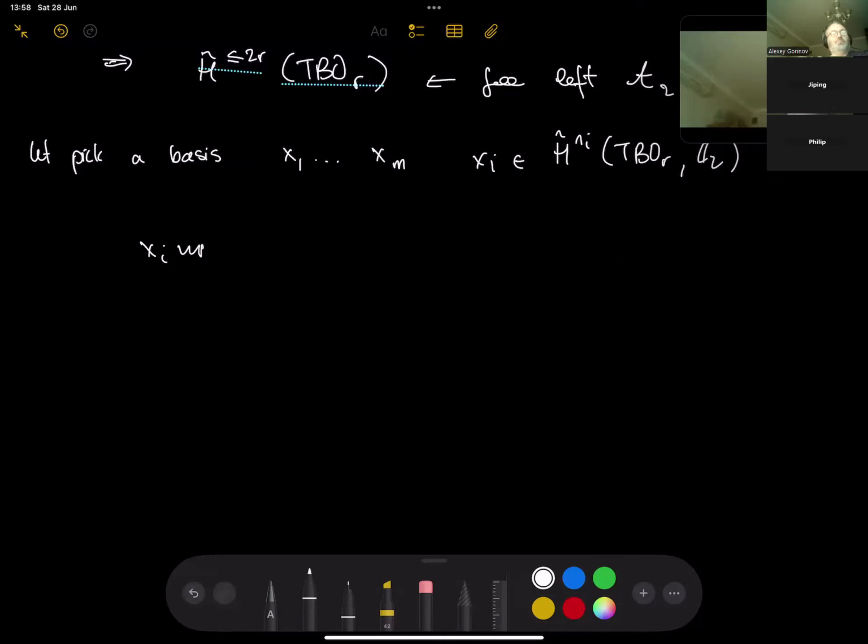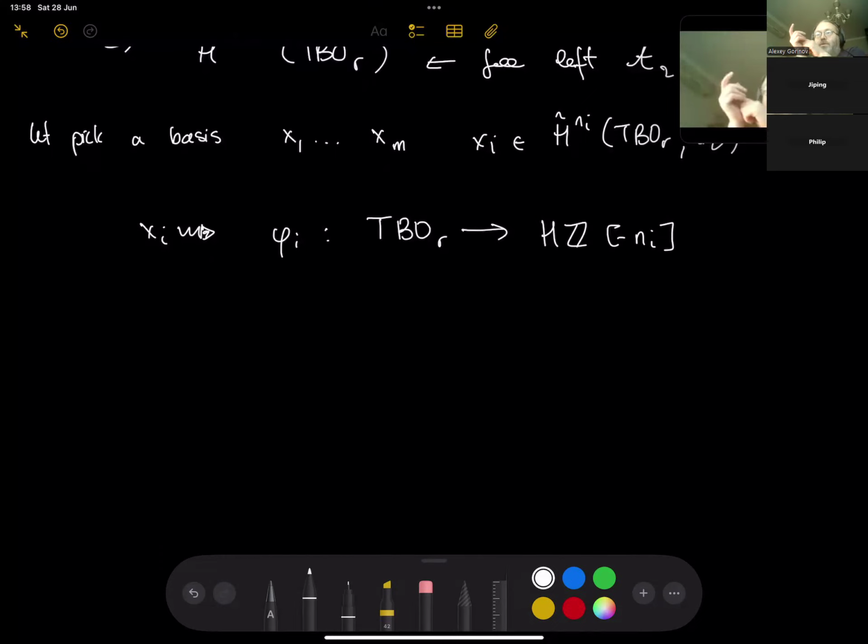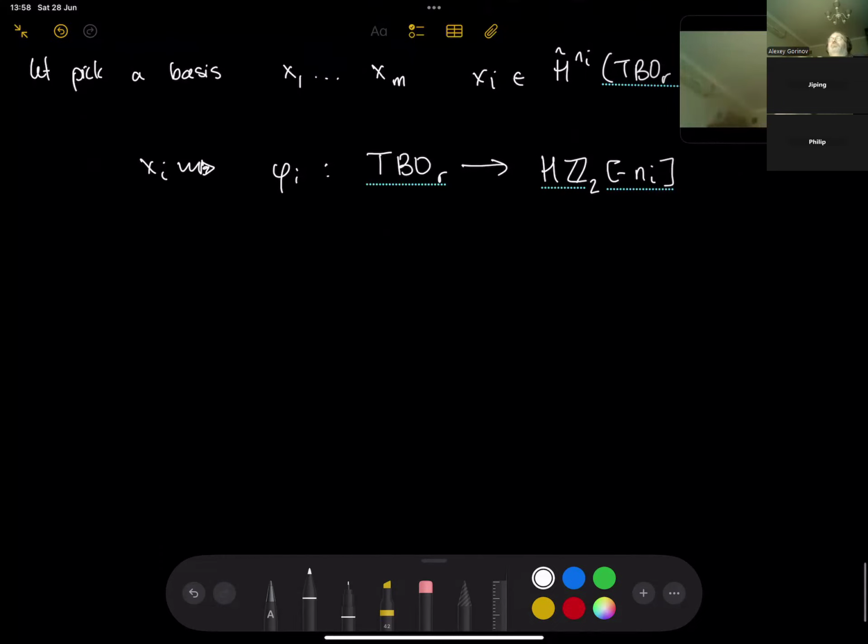So this corresponds to a map phi_i into the Eilenberg-MacLane spectrum, shifted by ni, with Z/2 coefficients.